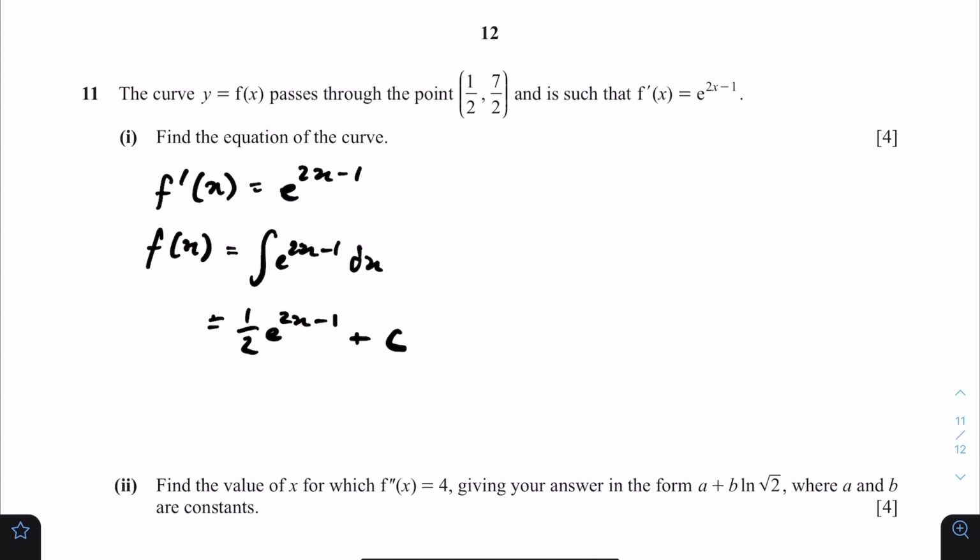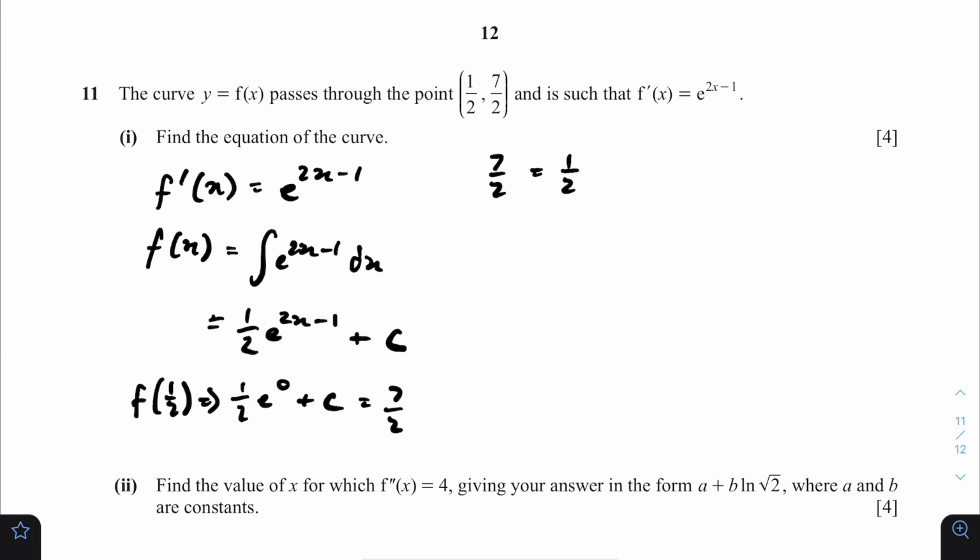And now what we want to do is substitute the point that we're given, (1/2, 7/2). So f of half, which is equal to 7 over 2, is half times e to the power of 2 times half is 1, minus 1 is 0, plus c, which is equal to 7 over 2. And e to the power of 0 is equal to 1, so we know that 7 over 2 is equal to half plus c.